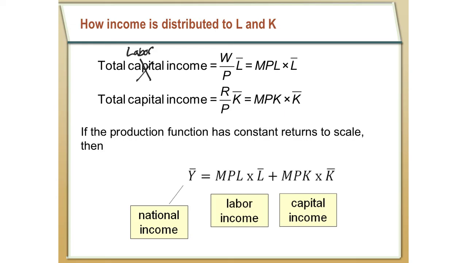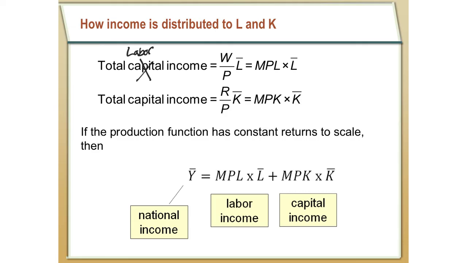Now we can make some further assumptions about the production function having constant returns to scale. And we've made the assumption that markets are competitive, so the markets for capital and labor are perfectly competitive. If all those things are true, then all of our GDP is divided amongst the laborers and the capital owners. Remember, production and income are two sides of the same coin.